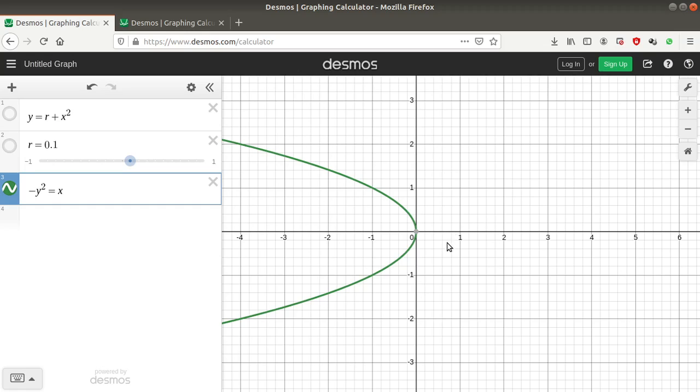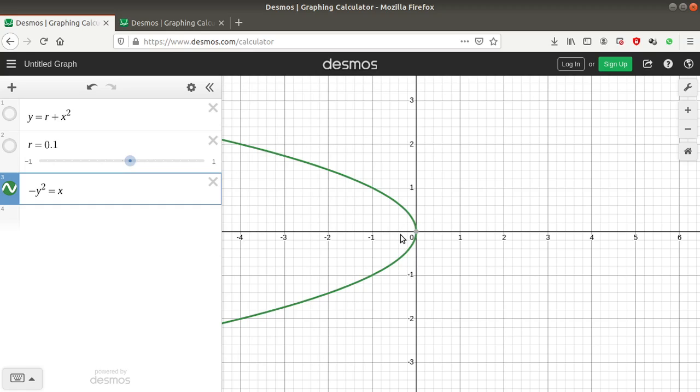Now when r is some negative value, let's say -1, then we have two solutions. One x star is 1 and another x star is -1. And if I keep on increasing, we still have two solutions.